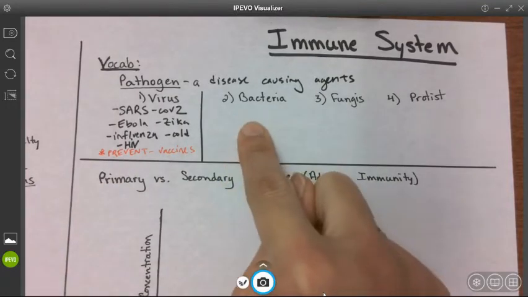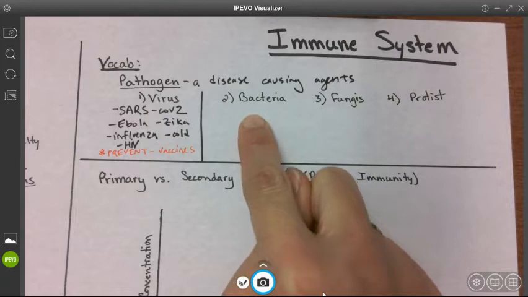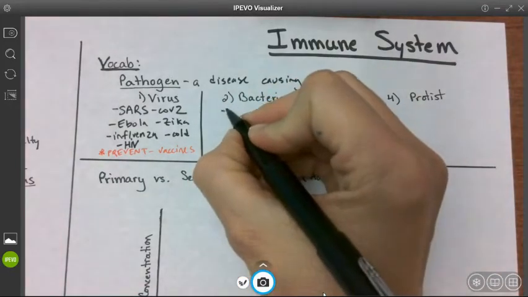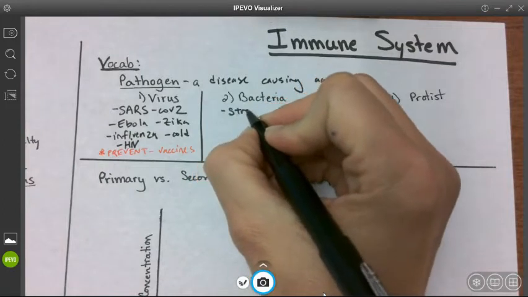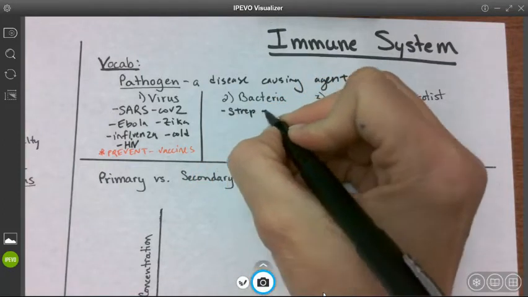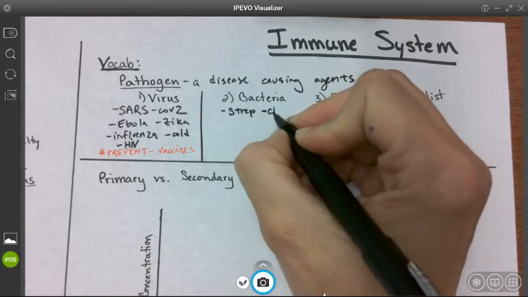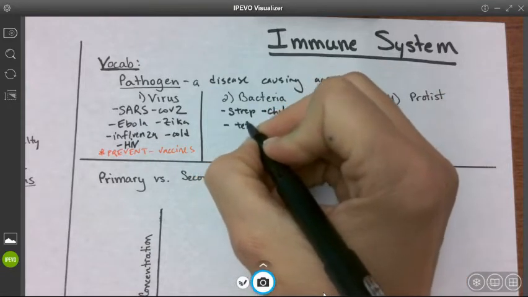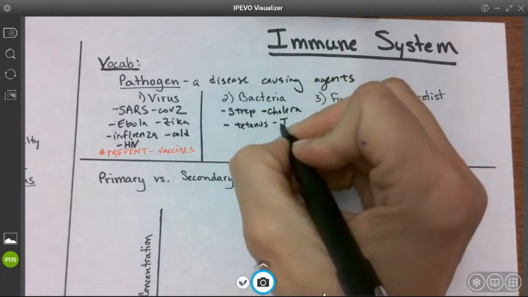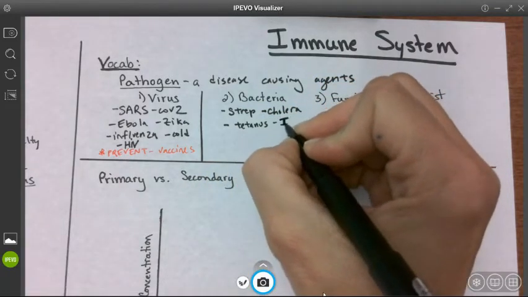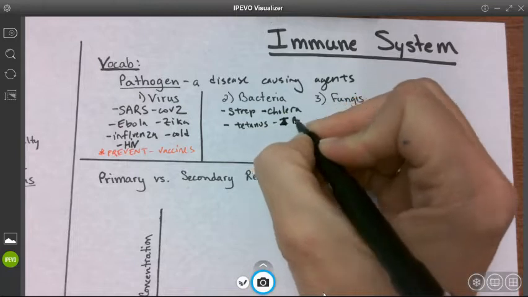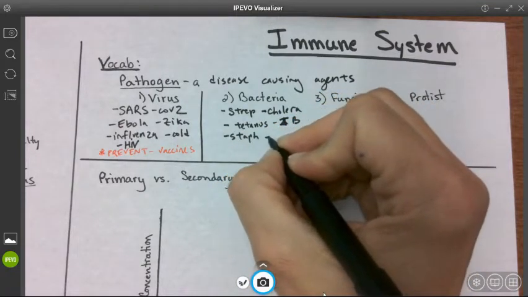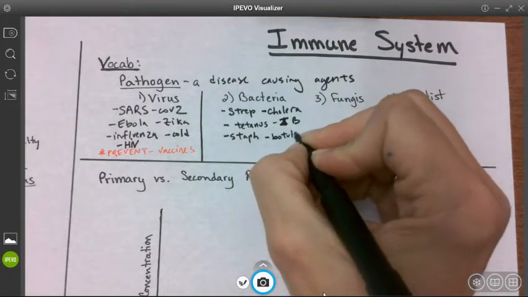There are many different living organisms that can be pathogens as well, that can cause disease as well. Bacteria can cause disease. Some of the diseases bacteria cause include strep throat, cholera, tetanus, tuberculosis, staph infections, botulism.